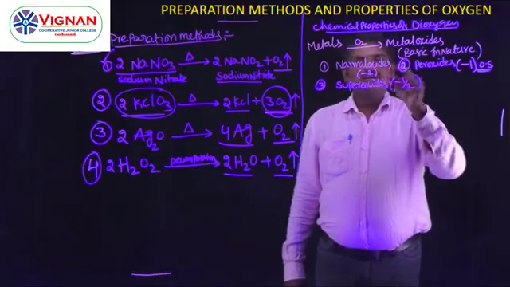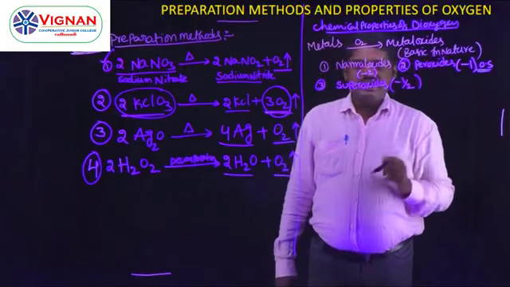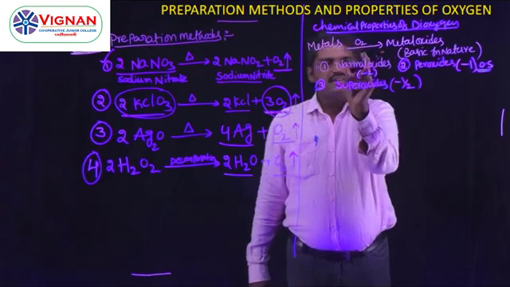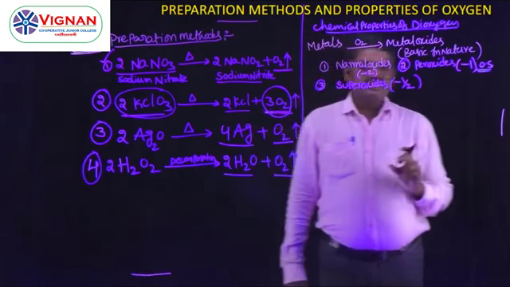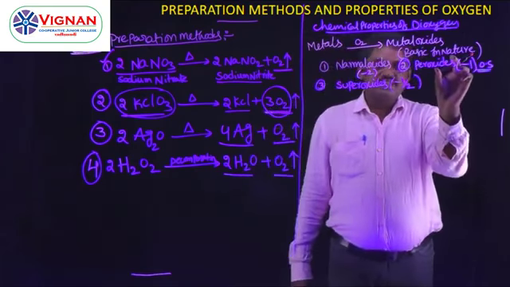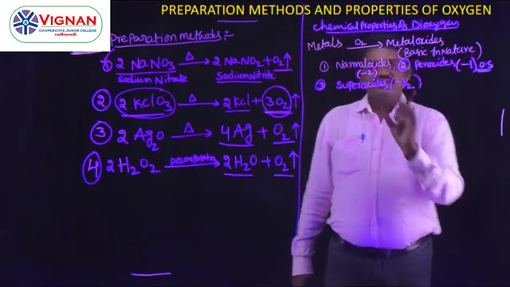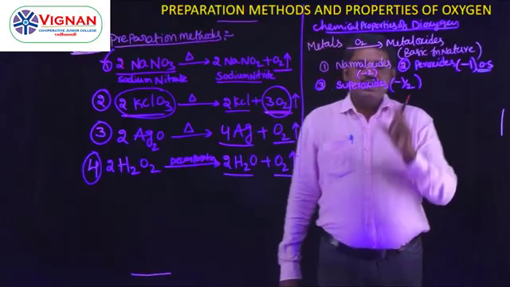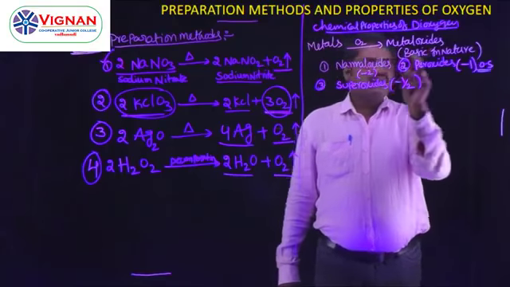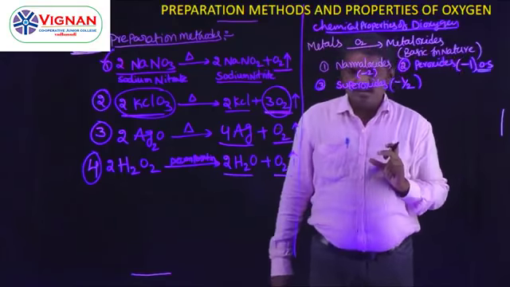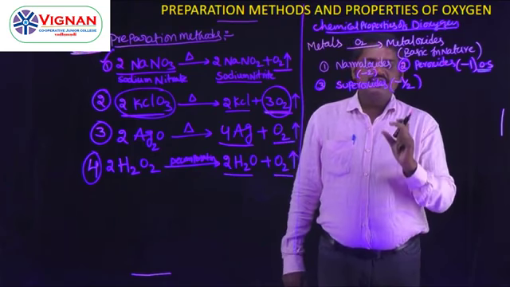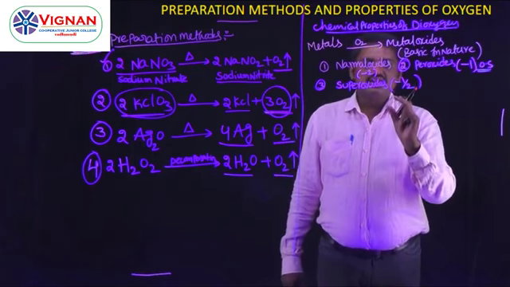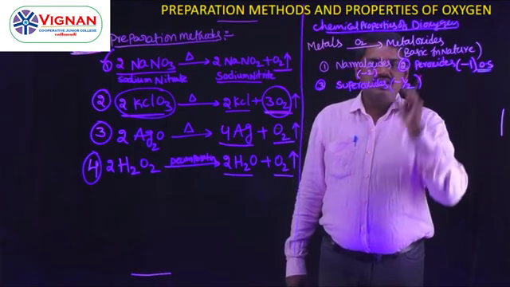Okay, so these are all metal oxides, but some metal oxides are in the form of normal oxides, some in the form of peroxides, and some in the form of superoxides. What is the difference between normal oxides, peroxides and superoxides? The only difference is the oxidation state of the oxygen atom.